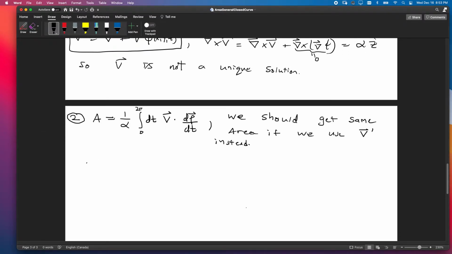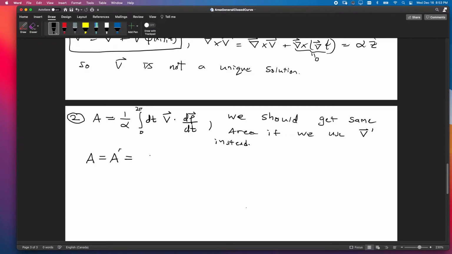So that means that if I have this new area, A prime, it has to equal A. So the area is also equal to A prime.